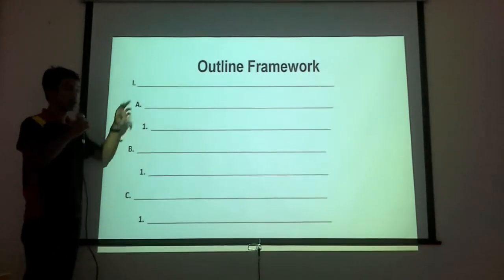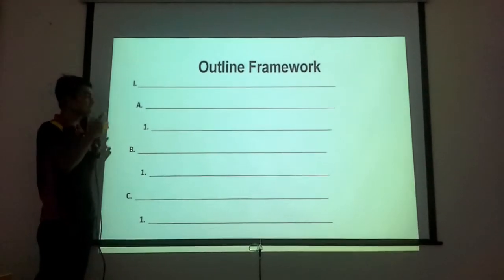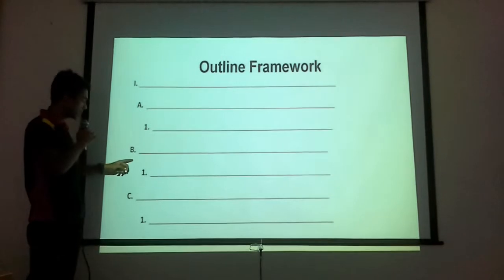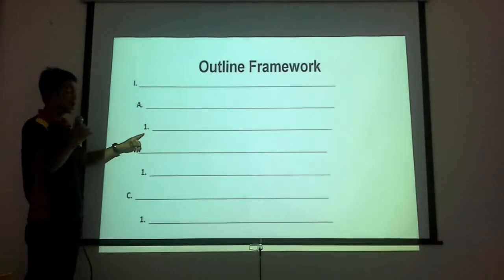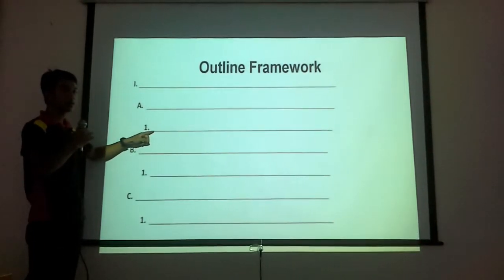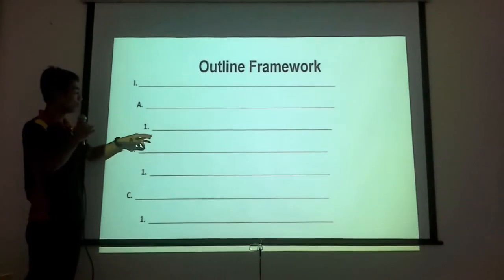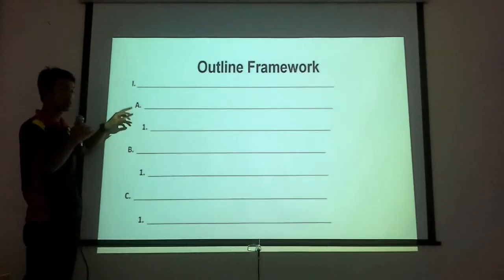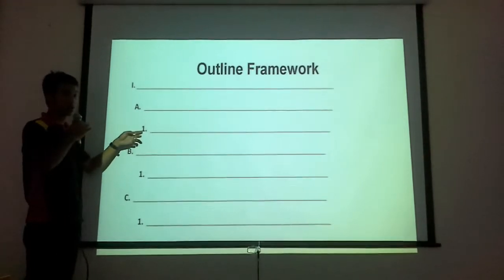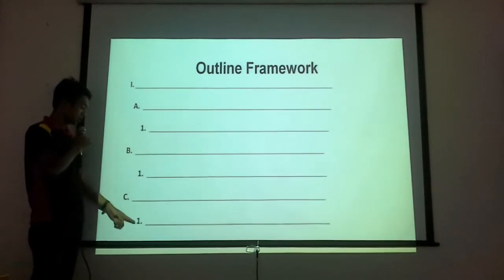Okay, in my paragraph, I have a main point and 3 supporting points represented by alphabet A, B, and C. And for each of the 3 supporting points, I have one sub-supporting point, represented by Arabic number 1 that you see in my slide.